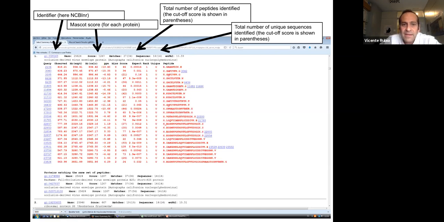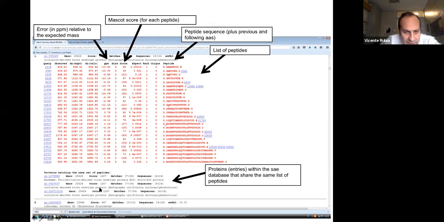And here you have the number of peptides that have been identified and the total number of unique sequences identified for that specific protein in your spectra. And down here, I guess, are other proteins that could have the same collection of peptides.